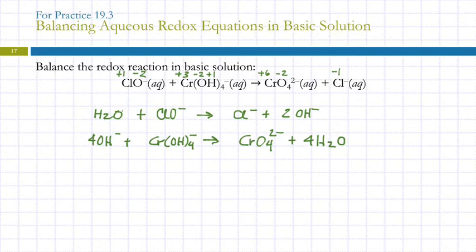So I need 2 electrons over here. -2 and -1 gives me -3 and -3. Here I've got -4 and -1. Got a total of -5 on that side. I've got a total of -2 on this side. So I need to add -3. So I'm going to add 3 negative electrons.